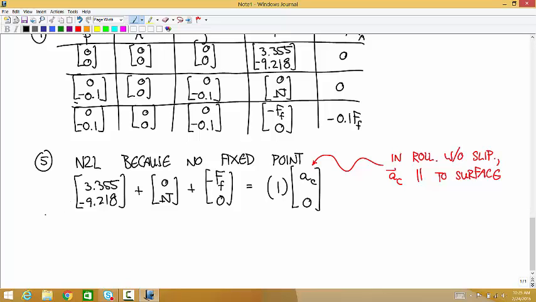All right, so what's the sixth step? Yep. So the rotational second law. That just says we only have one moment, so negative 0.1 FF is equal to the moment of inertia times the angular acceleration. The moment of inertia was 0.005, and the angular acceleration is alpha.